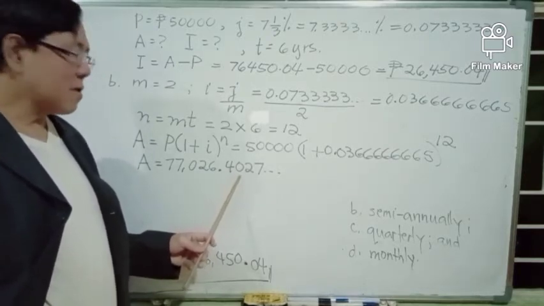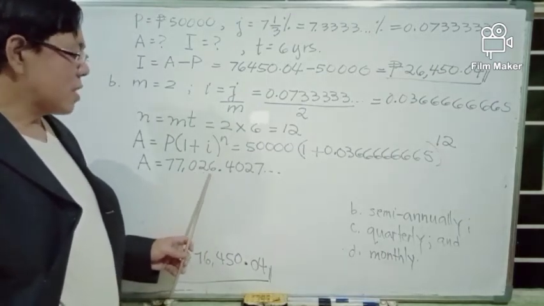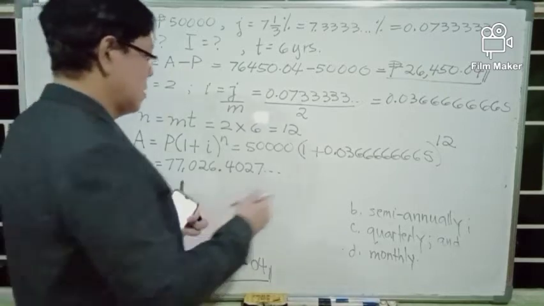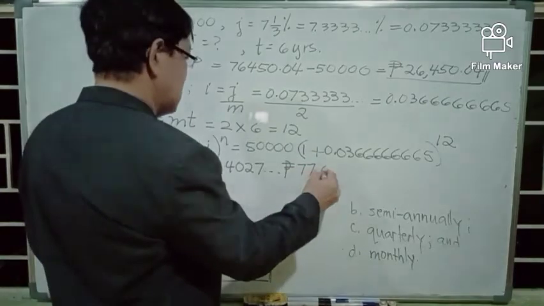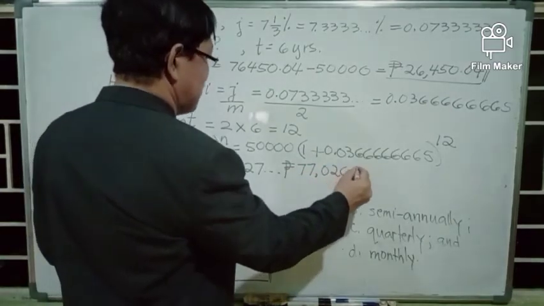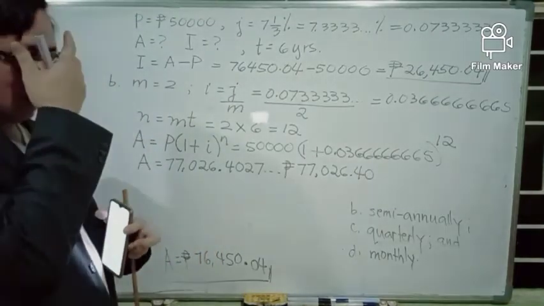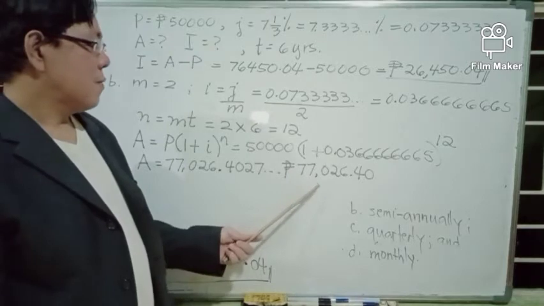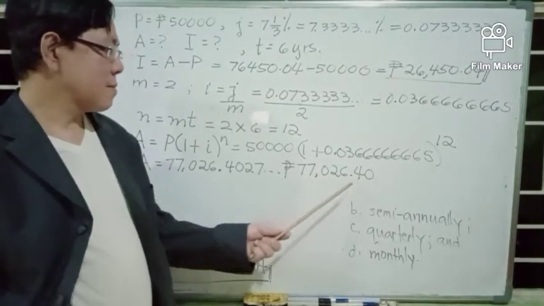And the final answer to 2 decimal places is 77,026.40 pesos. 77,026 pesos and 40 centavos.